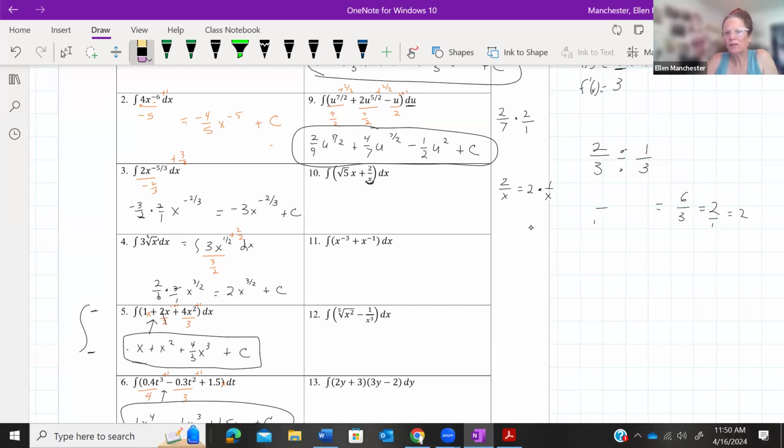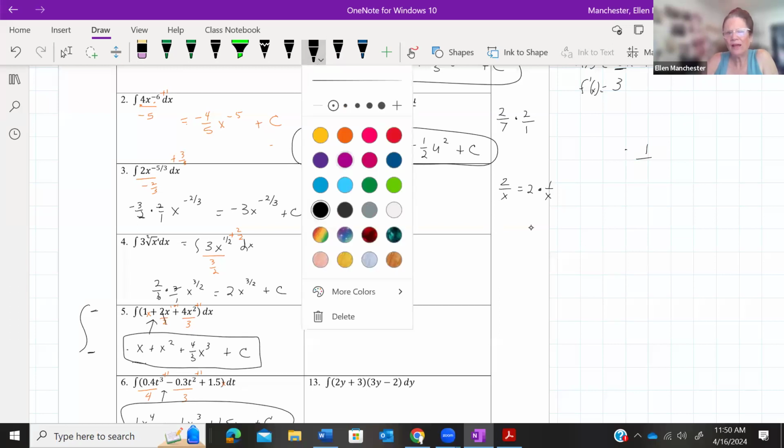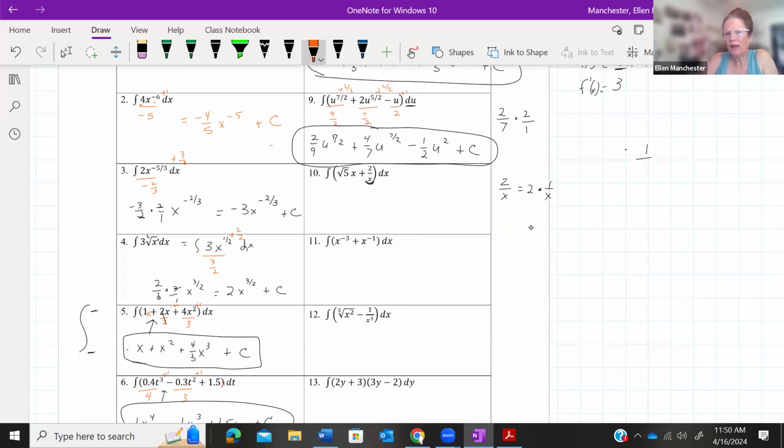So you got to be real careful with these because they can sneak up on you and you can miss it. All right, so the square root of 5 is just a number. Square root of 5 is just like having a 2 sitting in front. It doesn't affect the x. The x is not underneath the radical. It's outside the radical. So the square root of 5 is just a number.